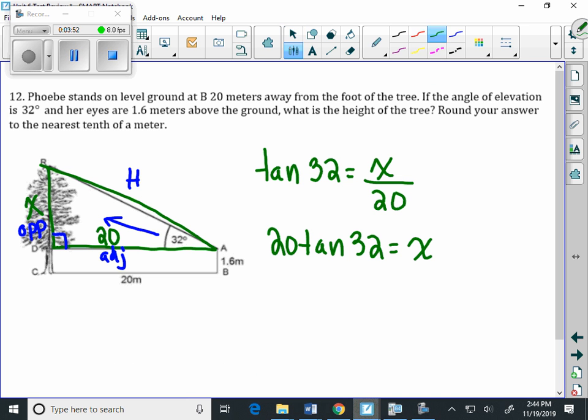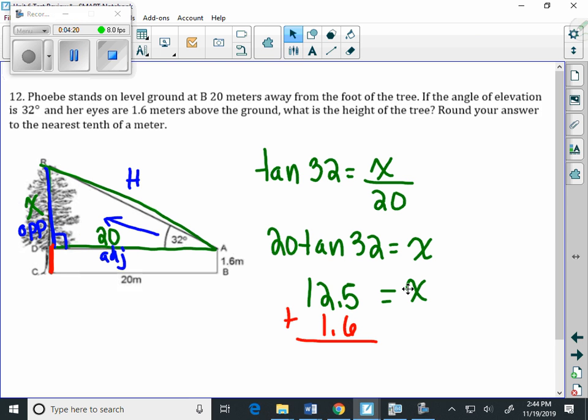So x equals 12.5, sure enough. And remember that Phoebe is standing, and it says that her eyes are 1.6 meters above. So the only part that we found so far is this part, and we need to add into that this part here, which is going to be the plus 1.6.